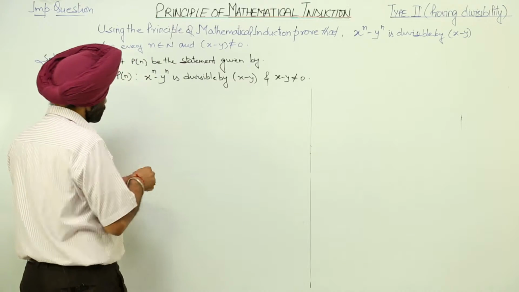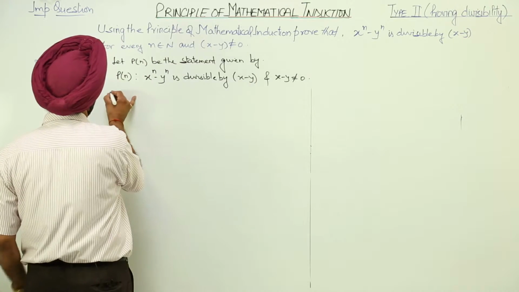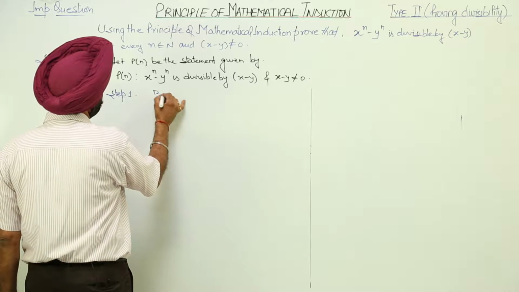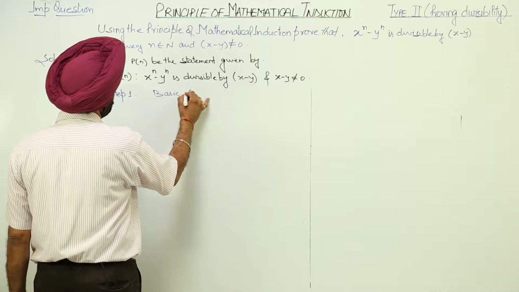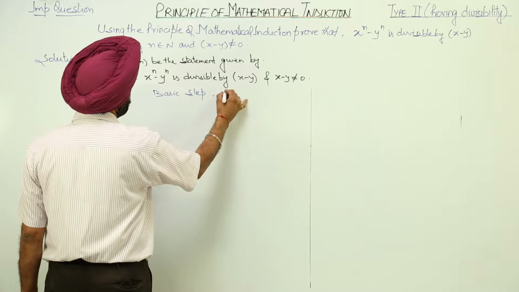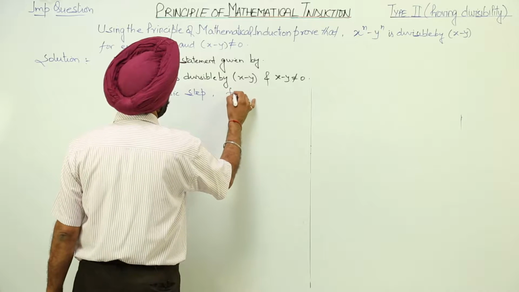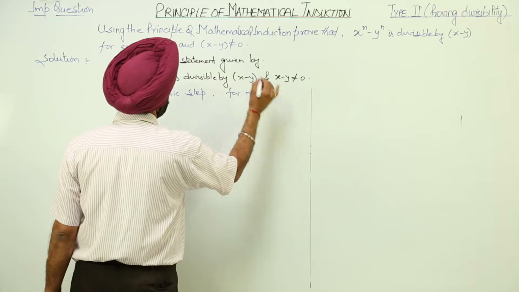Now step 1, that is the basic step. It is for n is equal to 1.